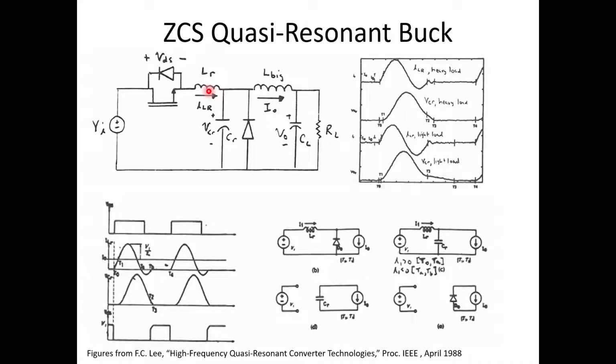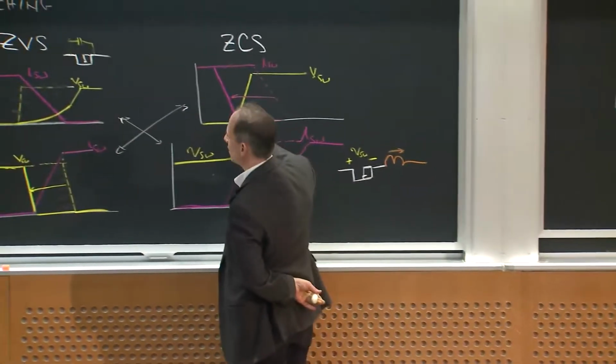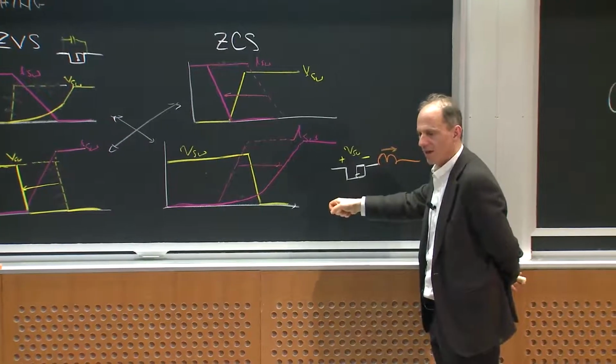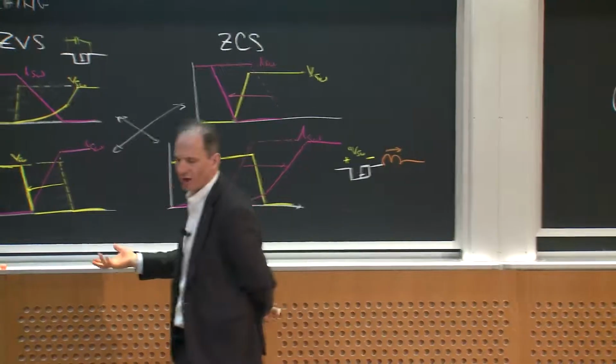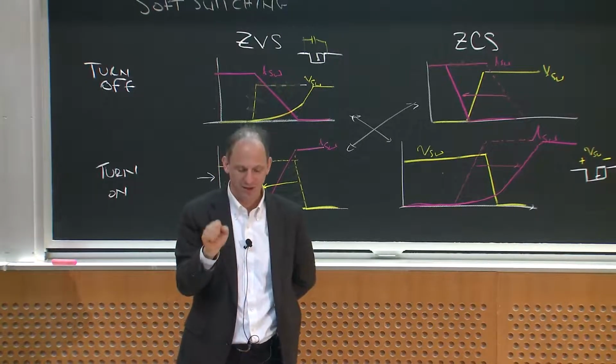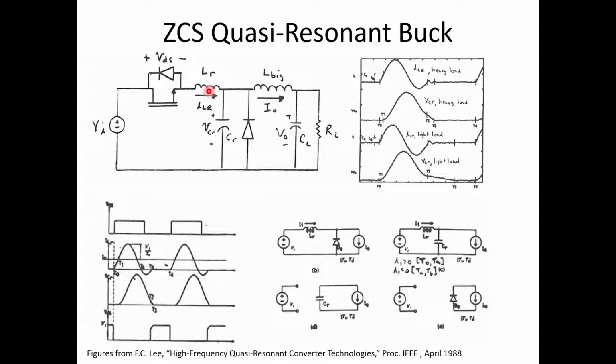So if you told me nothing else about this converter and I looked at that, I'd say, boy, they're probably using zero current switching because I've got this inductor in series with the switch, and that will let me turn on the switch and hold the current low in it, right? That would be ZCS turn on, right? And then that probably means I need ZCS turn off too, because if I turn off the switch when current's in that inductor, I'm going to be unhappy. Okay? So how does this thing work?